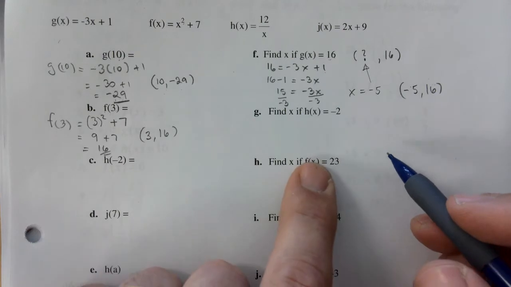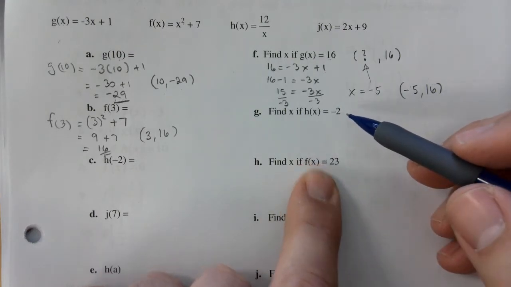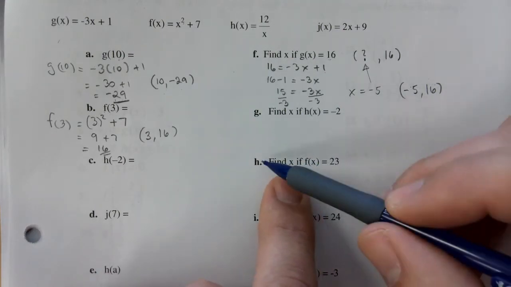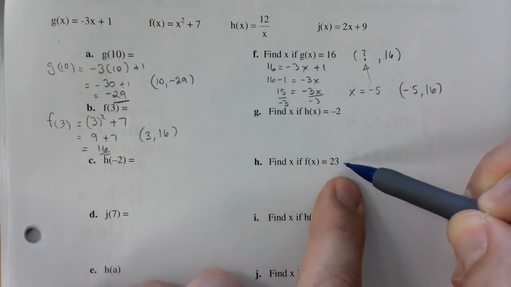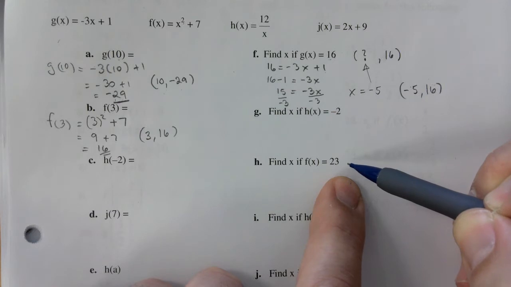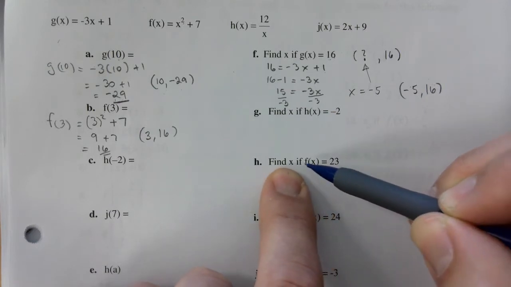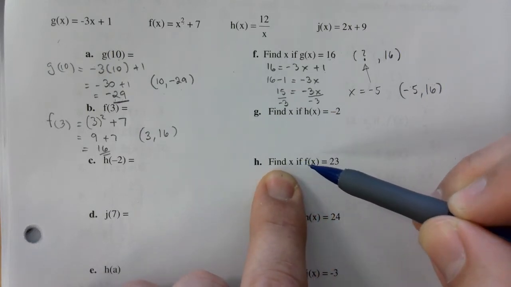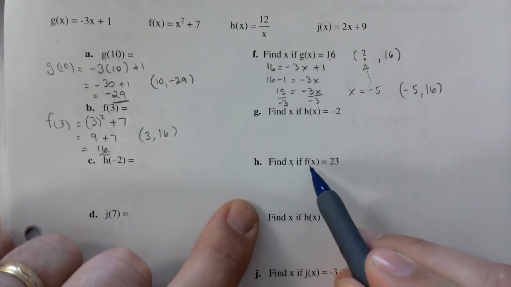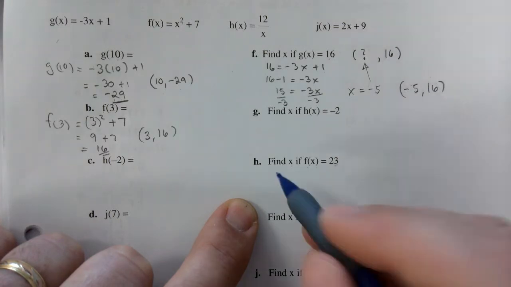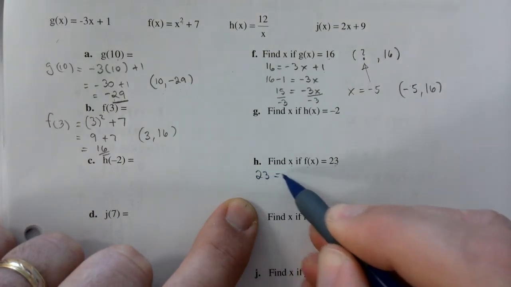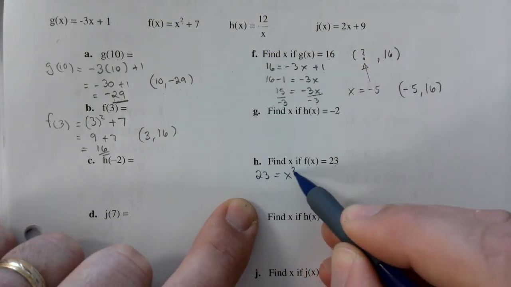And this is the one that some of you might have scratched your head on a little bit, because the answer is plus and negative, and I'll tell you why that is. Find x if f of x is 23, so we're using f of x, right? So we go 23 is equal to x squared plus 7.